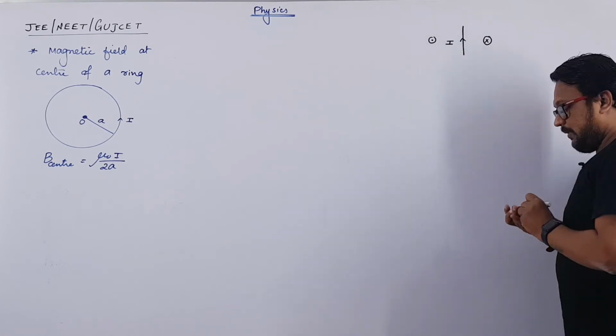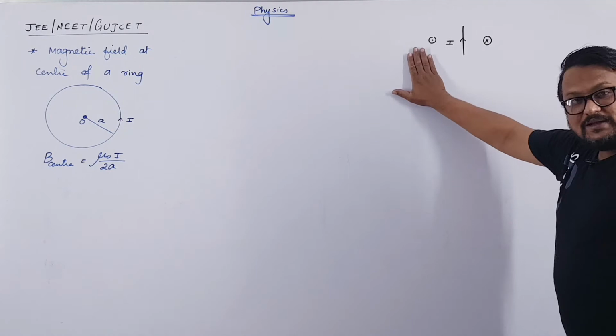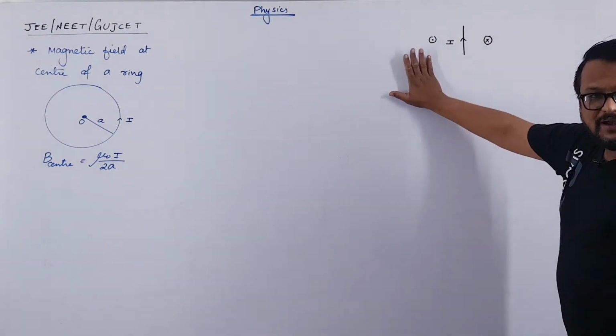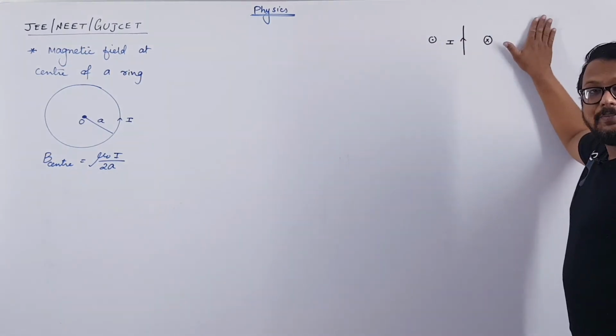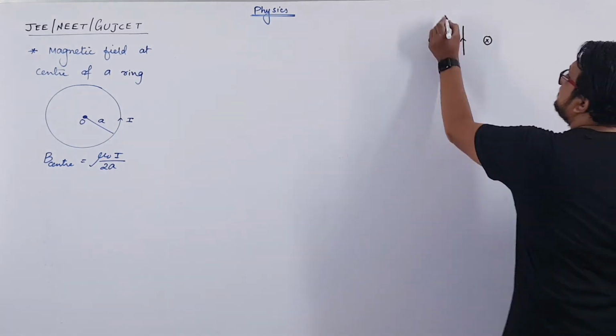So what you have to remember is, if current is flowing in upward direction, on the left hand side magnetic field will be coming out of the plane of the board and perpendicular to it, and on the right hand side magnetic field is perpendicular to the plane of the board but entering inside, right? This is the first case.